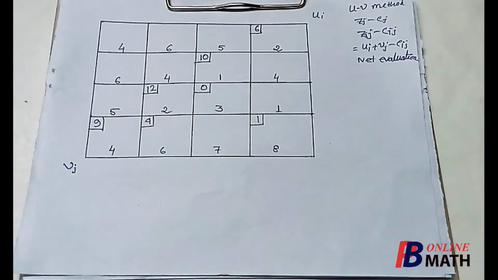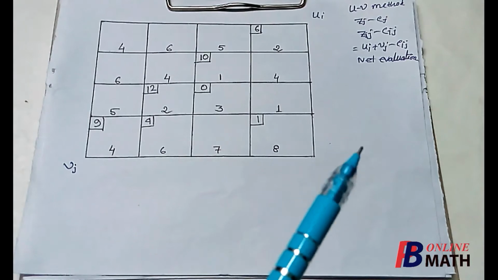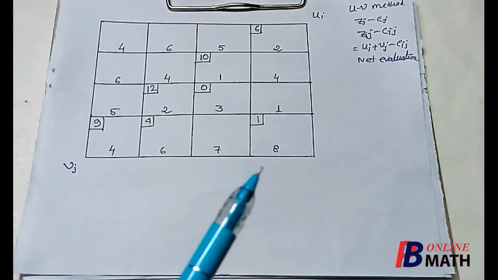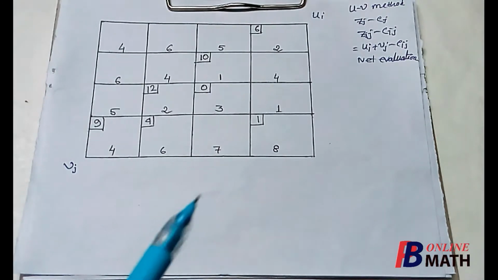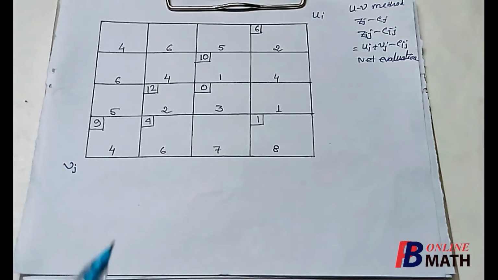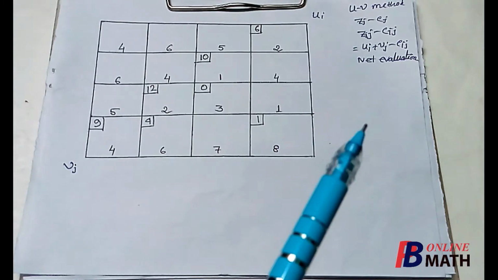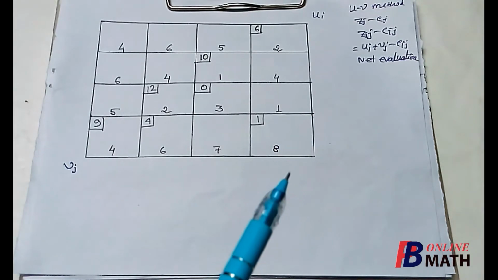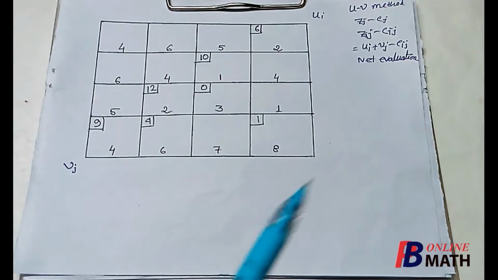In the simplex method, we had found that if the problem is a maximization problem, then at the final optimal stage, if all the values of zj minus cj are non-negative, then the optimality condition is satisfied, otherwise not. But if the problem is a minimization problem, then at the final step, if all the values of zj minus cj are non-positive, then the solution is optimal.